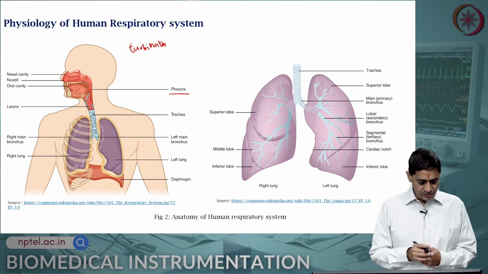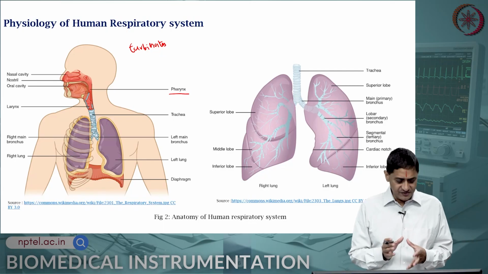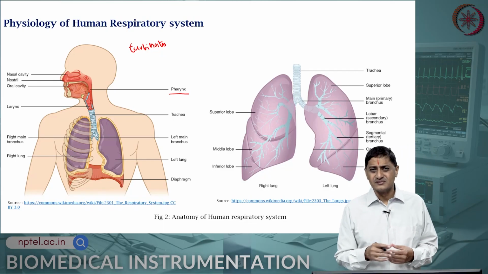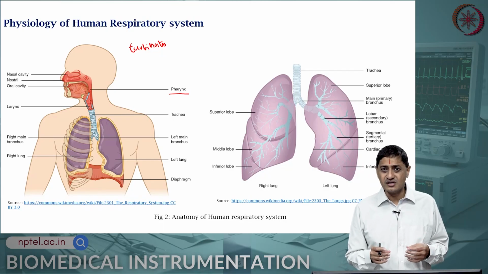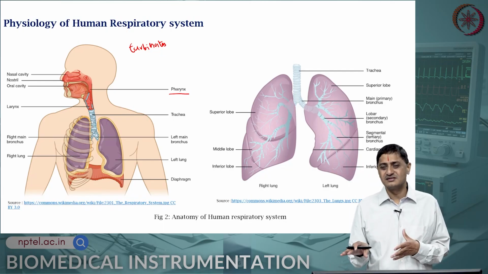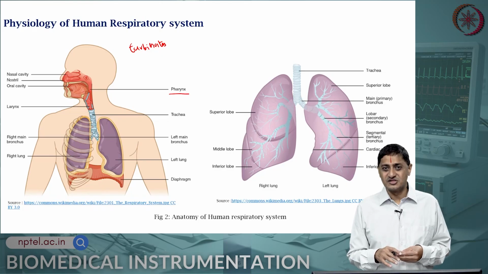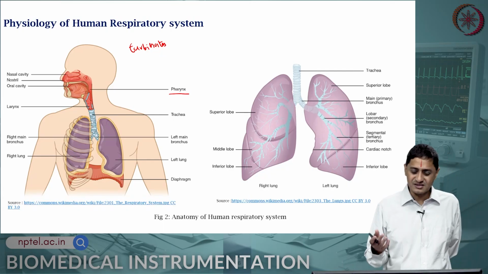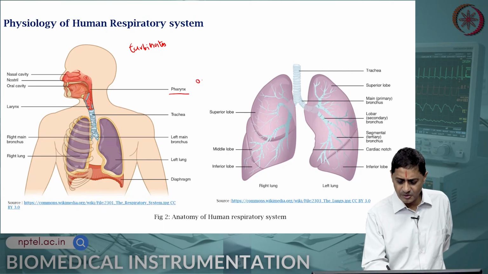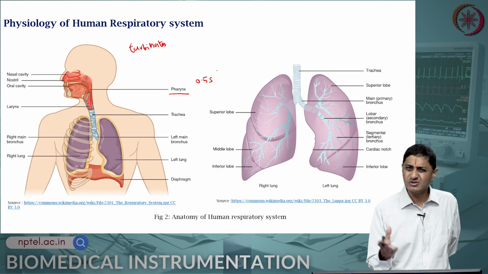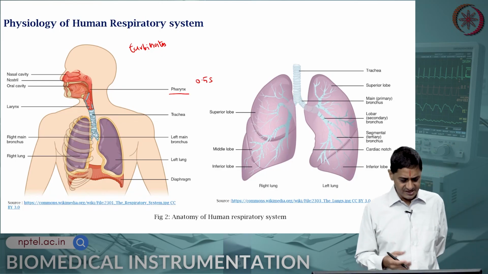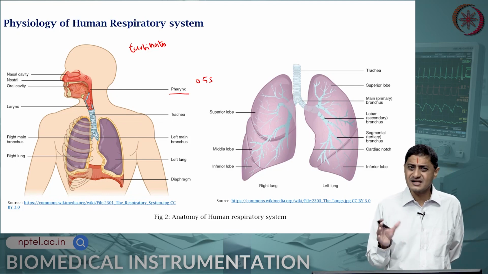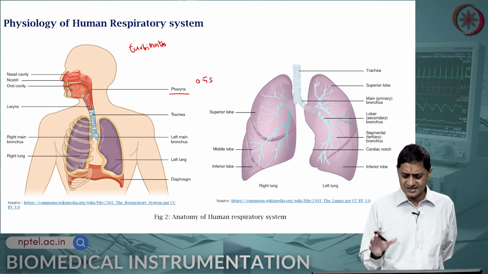Again, you know how evolution has compromised between the two. Sometimes you do get disturbance when food attempts to enter the respiratory system. You have some reflexes. That reflex timing is about 0.5 seconds, about 500 millisecond timing. So, the epiglottis acts as the valve that controls this movement.